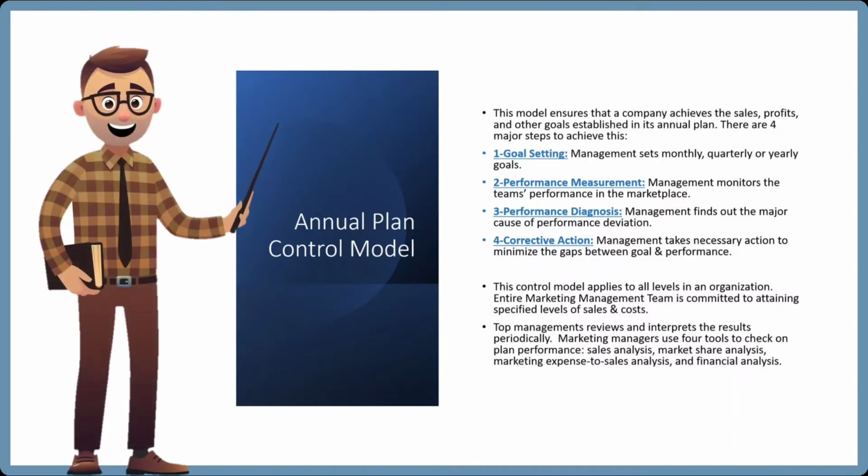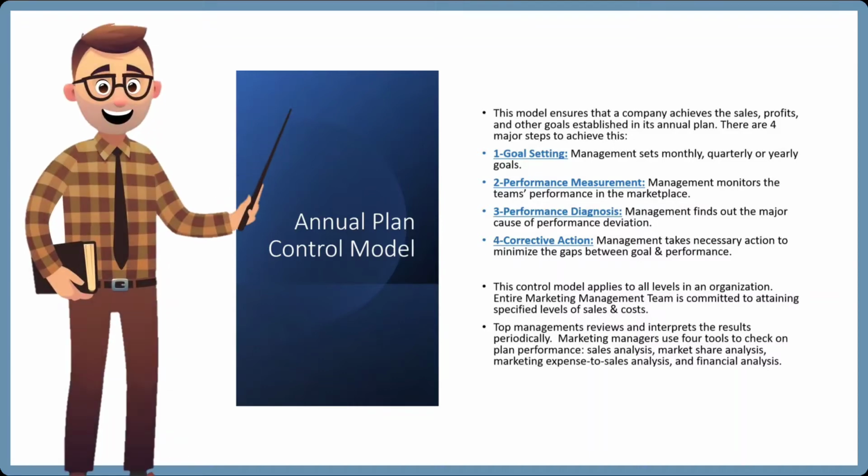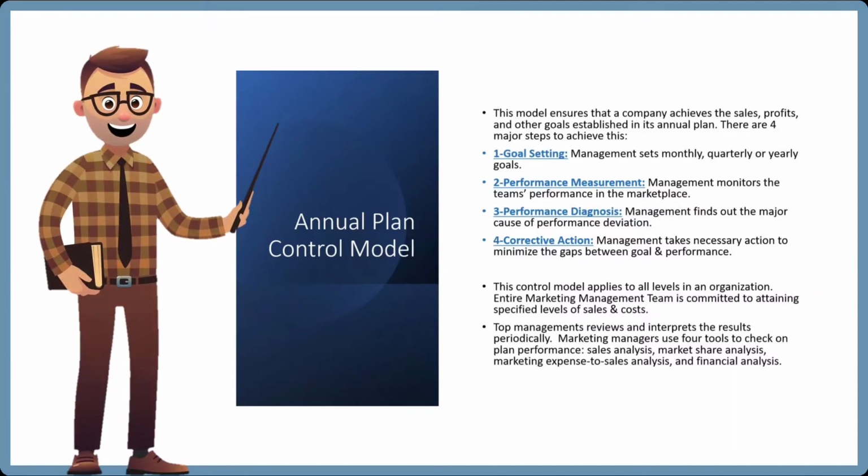Third one is performance diagnosis. Here management finds out the major cause of performance deviation. And the last one is corrective action. Here management takes necessary action to minimize the gaps between goal and performance.